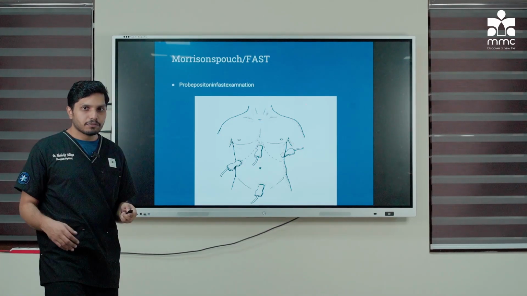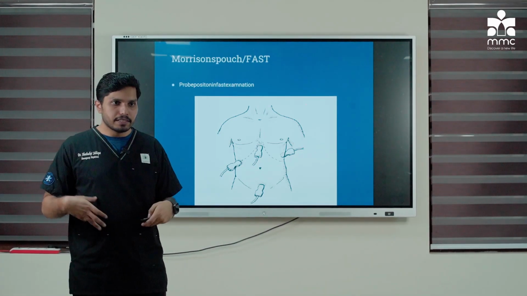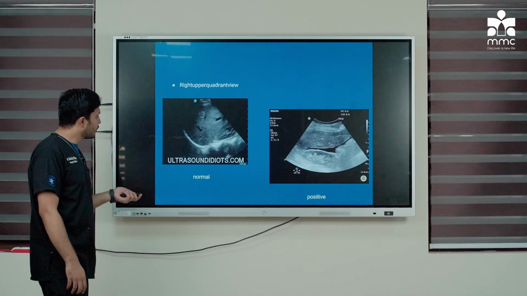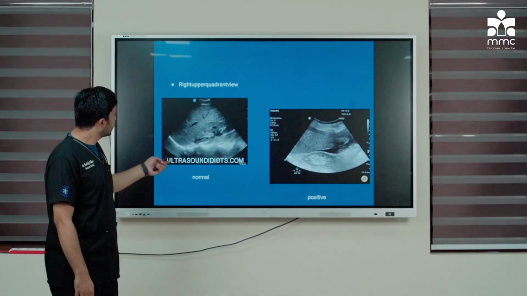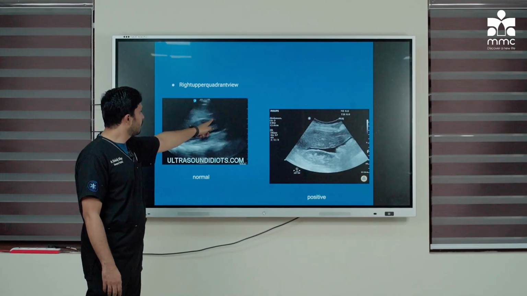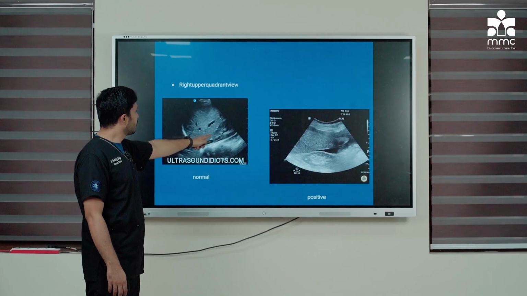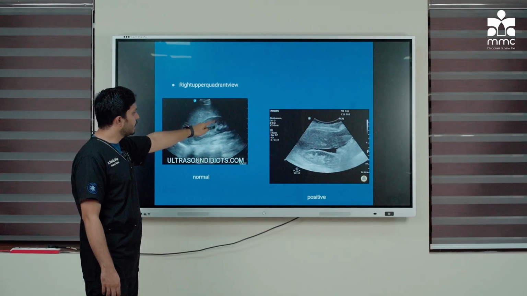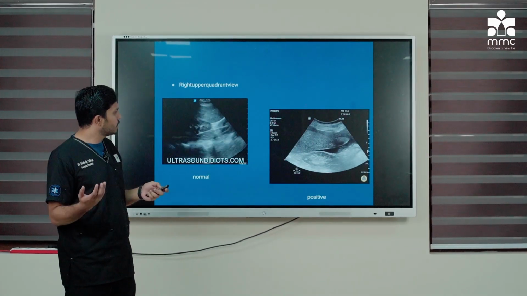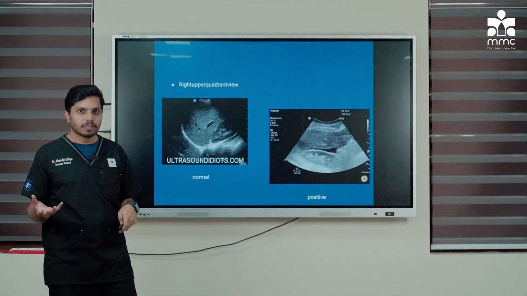Then another thing we are supposed to look at is any fluid inside the abdomen. The first area is the right upper quadrant view. Here we can see the liver and here is the kidney. In between the liver and kidney we have Morison's pouch, the most dependent part of the abdomen.